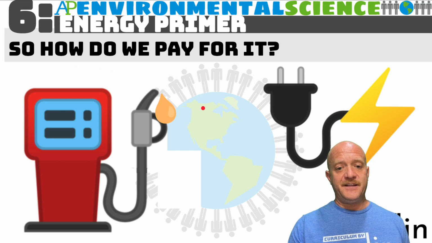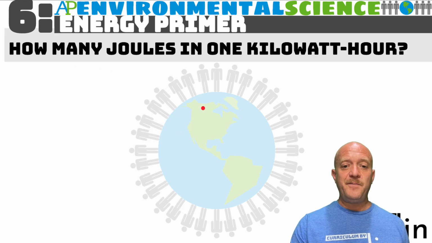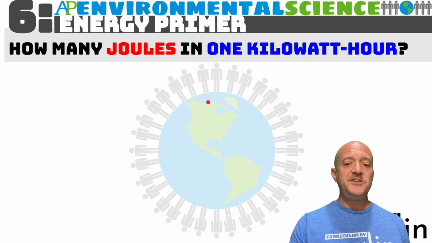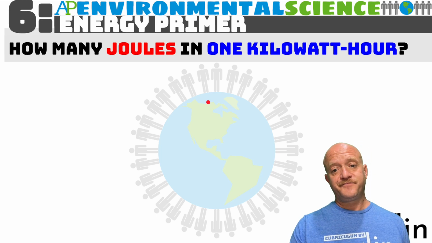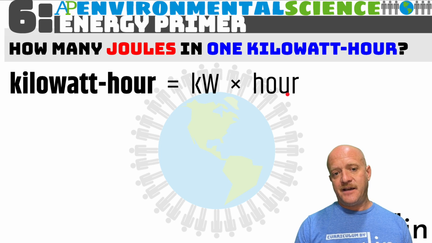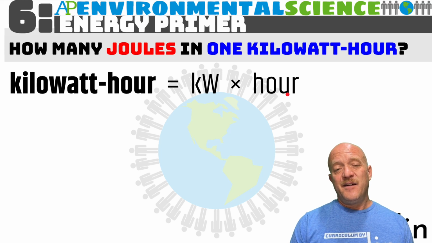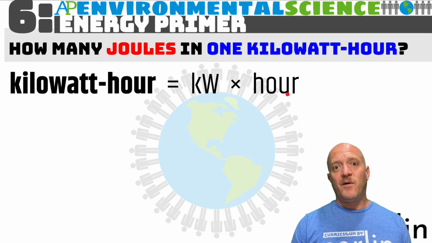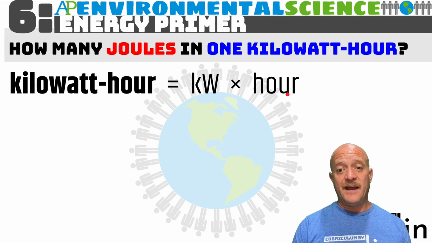So how do we pay for this? Well, we pay for it in kilowatt hours. Let's look at this. How many joules are in 1 kilowatt hour? A kilowatt hour is kilowatt times hour. What they like to do a lot on the FRQs is give you kilowatts or megawatts, and then you have to convert it to kilowatt hours.